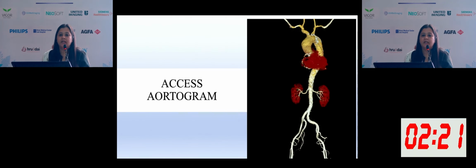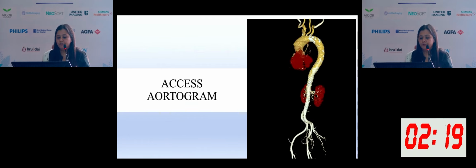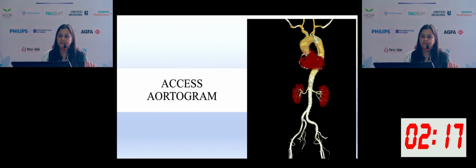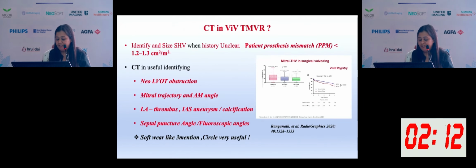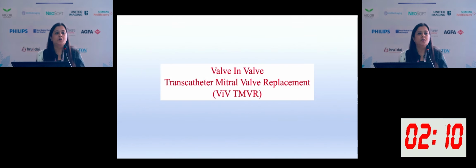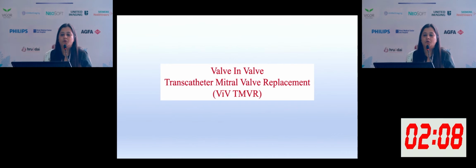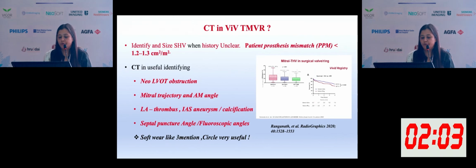In addition to that, like TAVI, for all valve-in-valves we do aortic access, and venous access in cases of TMVR. Now, for TMVR, there is not much to add in terms of assessment, which Vineet has already beautifully discussed. As in native mitral valve, even in valve-in-valve TMVR, neo-LVOT obstruction is a very high risk, and that has to be addressed when you are imaging it.